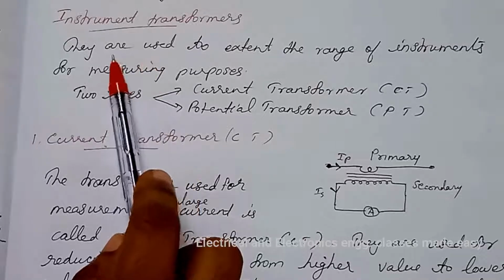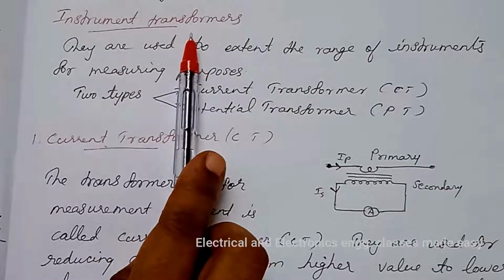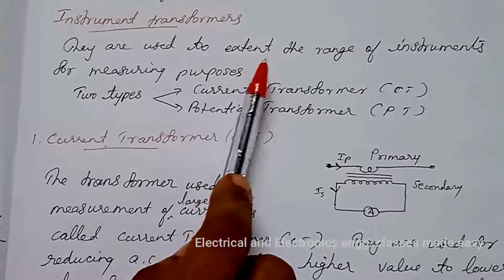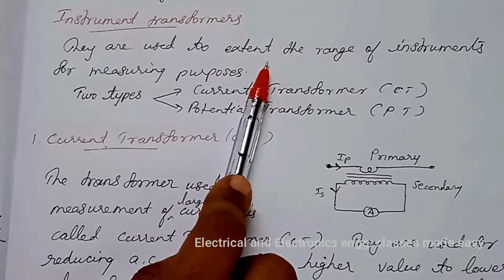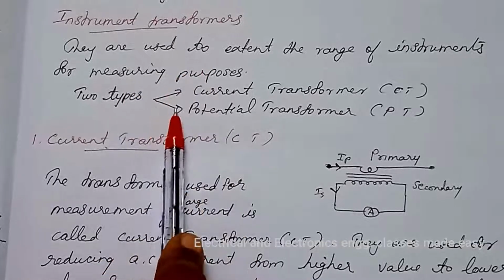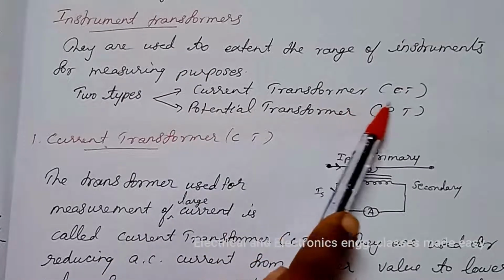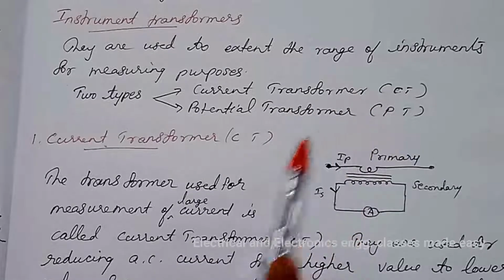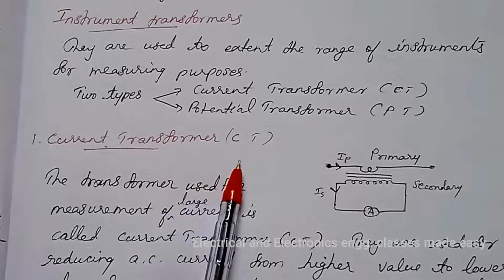Next is instrument transformers. Instrument transformers are used to extend the range of instruments for measuring purposes. And they are of two types, current transformer CT and potential transformer PT. Current transformer.